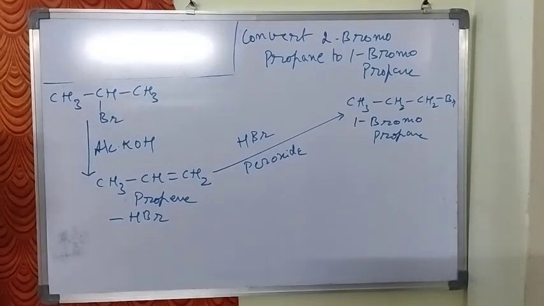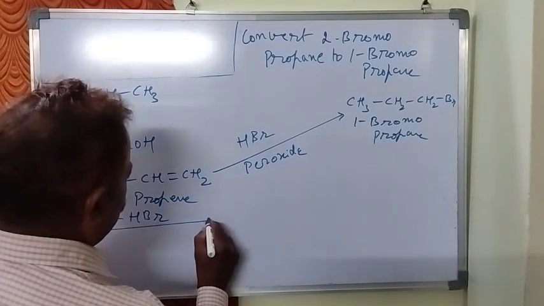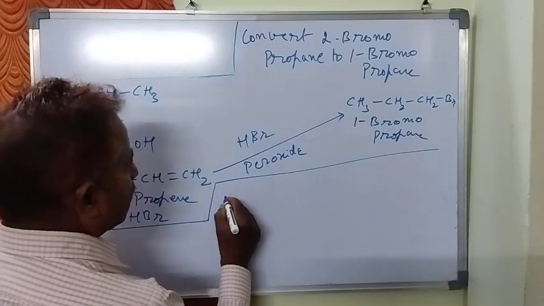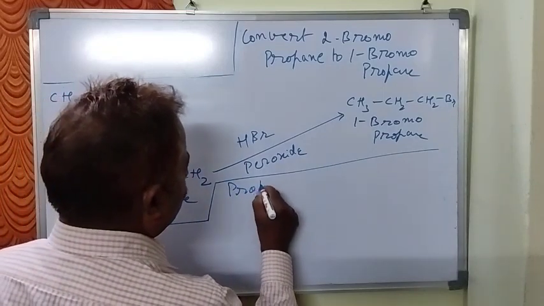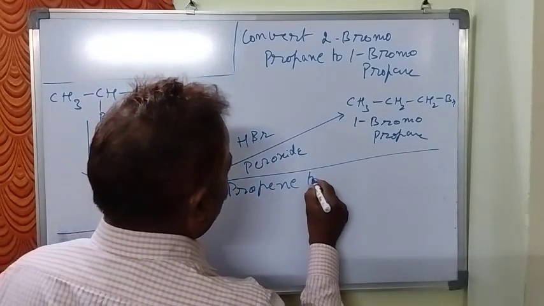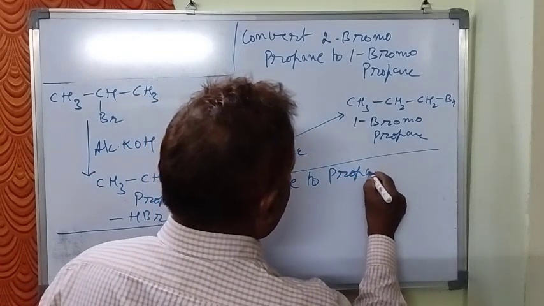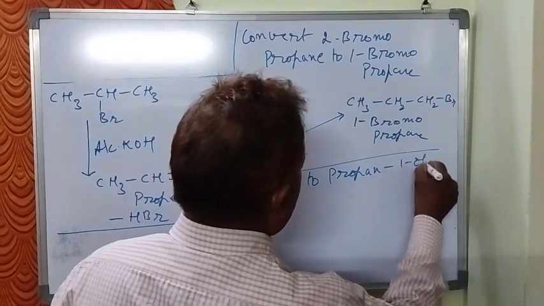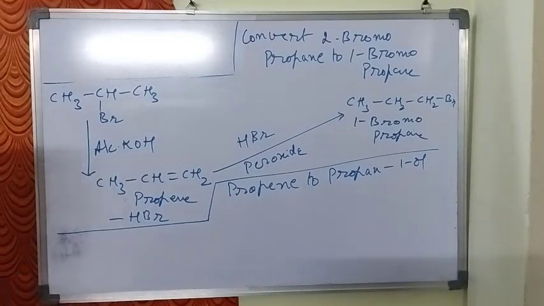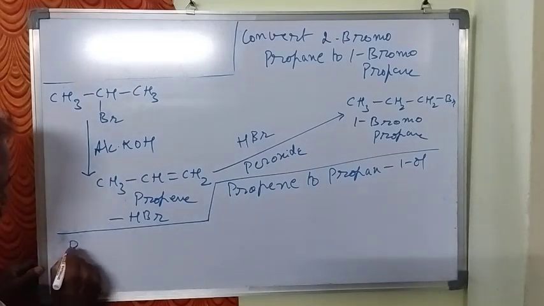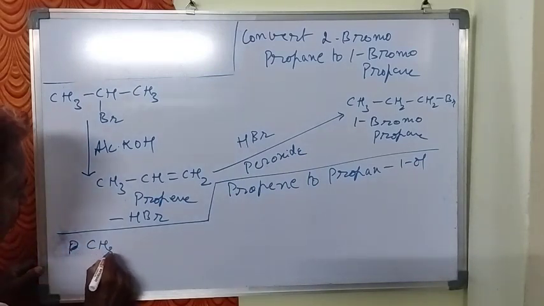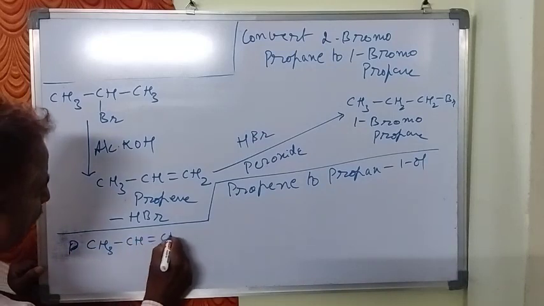Right. Similarly, let us take one more. Here, this is propene to propan-1-ol. What is propene? Propene is CH3, CH double bond CH2.